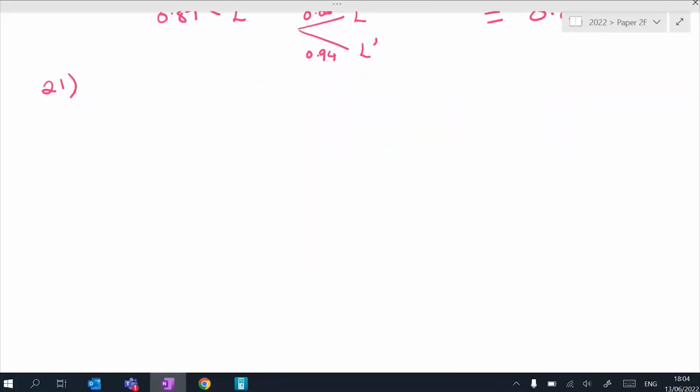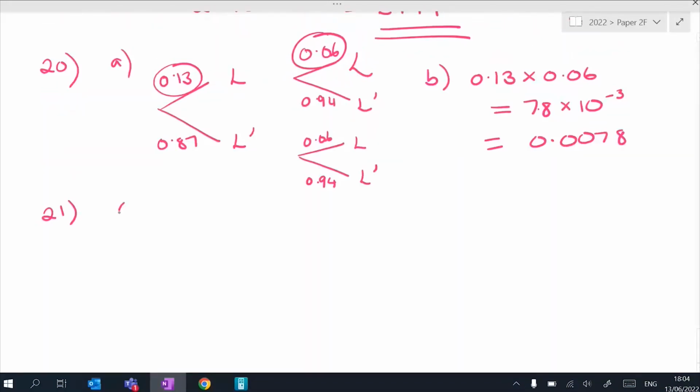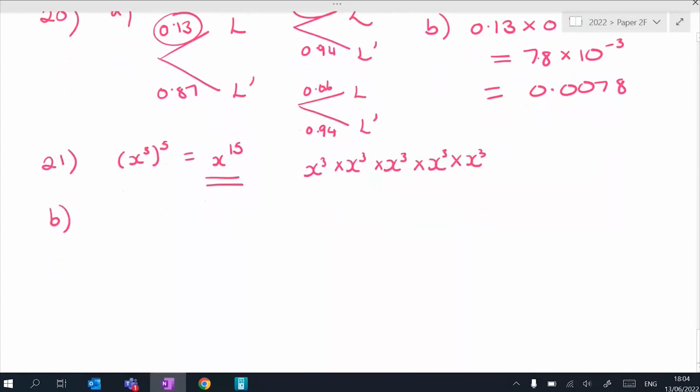So question 21 wants us to simplify, and we've got 2 powers, so x cubed and then to the power 5. And we multiply the powers together. Remember that means x cubed times x cubed times x cubed 5 times. So if we add those powers together, it's the same as multiplying that power of 3 by power of 5, which gives us x to the power of 15.